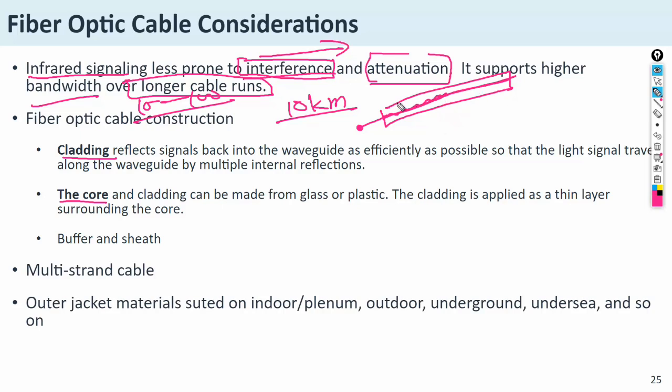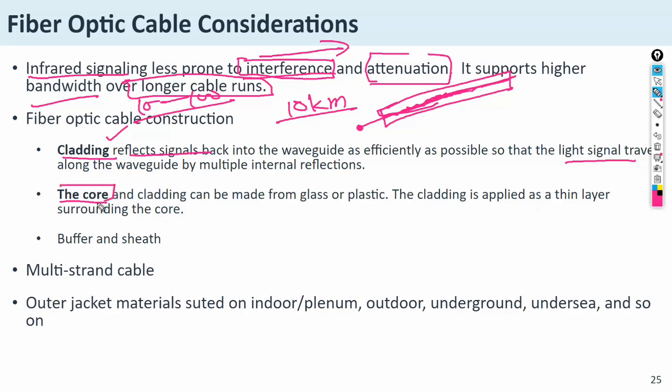If there is not a good cladding, then the light will not be reflected. So it is necessary to have a good cladding which will reflect the signal back into the waveguide, which is the internal part, and the reflection can be done. That is the reason the signal is traveling very fast.